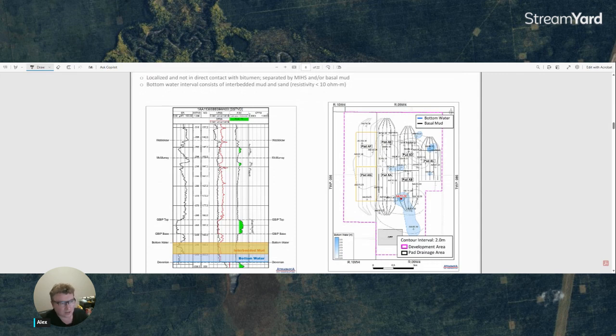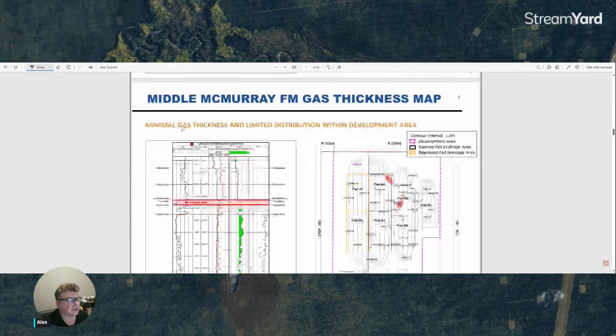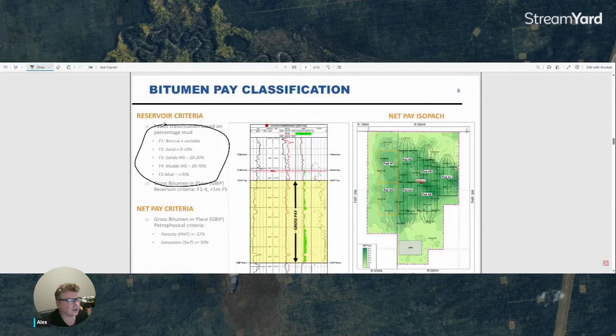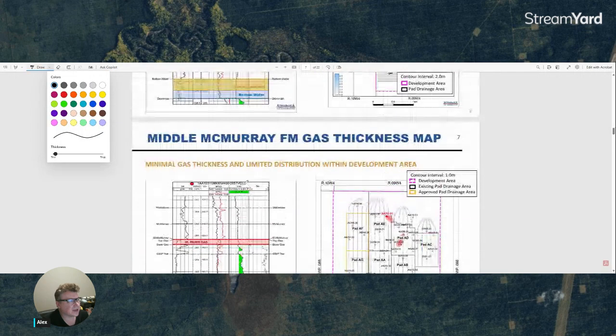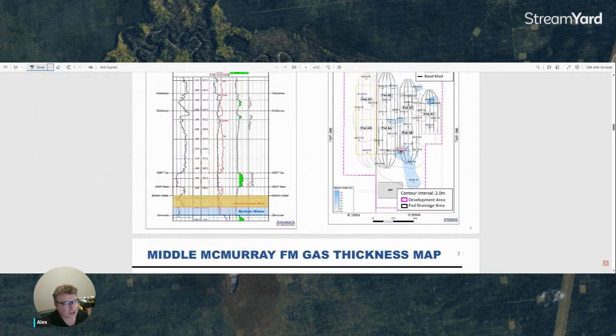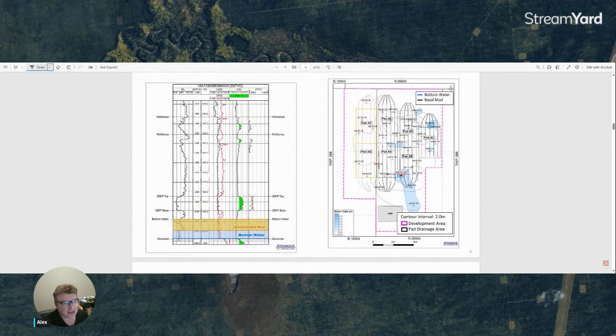We're going to talk more about that in this slide, what the IHSs and MIHSs look like and the criteria on how they're classified. But it's really important to understand that there are geologies around those pads that are not necessarily shale blocks. For example, you can see the bottom water here.